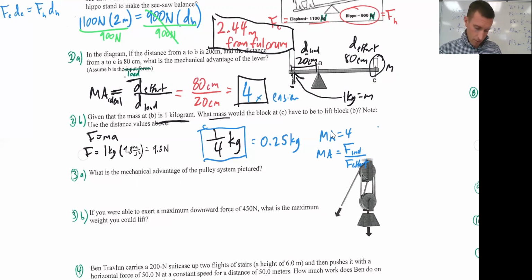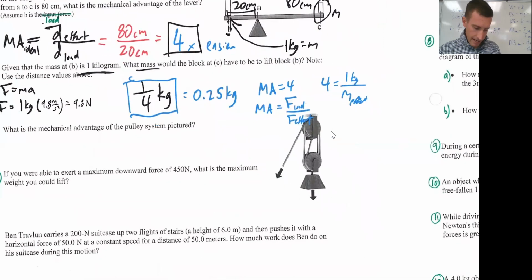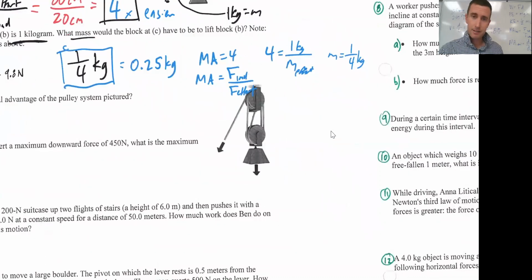So I could do mechanical advantage of 4 equals a force of a load, which is 1 kilogram, over the force of the effort. So I'm going to say mass of the effort here. Oops, that was a little bit messy. So the mass of the effort. There we go. And then when I solve that, I get the mass is equal to 1/4 of a kilogram. So that's convenient. It does, in fact, work out.